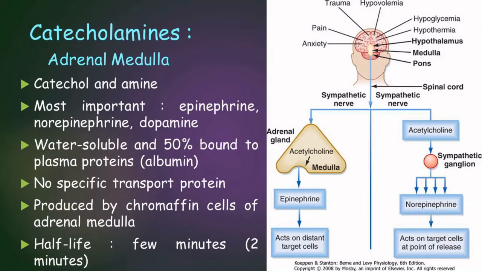At the same time, acetylcholine also acts on the sympathetic ganglion, causing the release of norepinephrine, which again acts on target cells at the point of release.